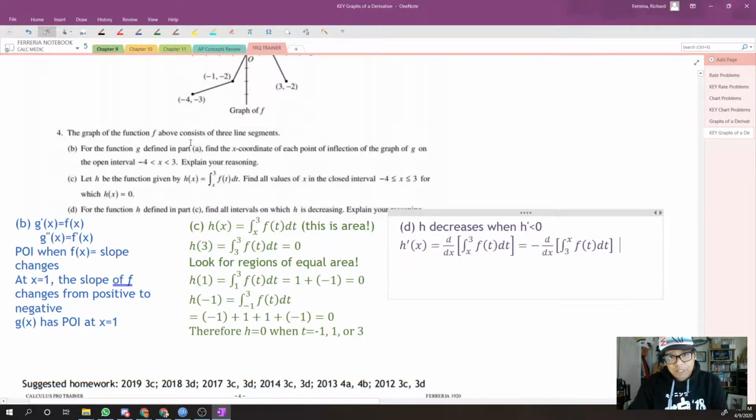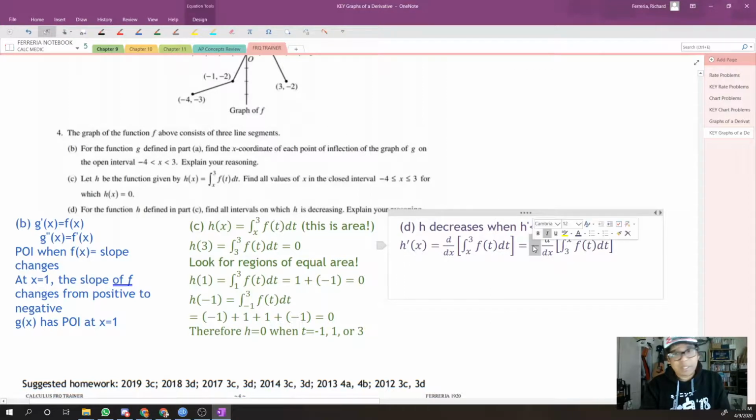H prime is just the derivative with respect to x of h, and h was defined by an integral expression. Now, it's difficult to take the derivative of an integral if the constant is in the upper limit and the variable is in the lower limit. So like I was alluding to earlier, we're going to switch the upper and lower limit and add a negative sign right here.